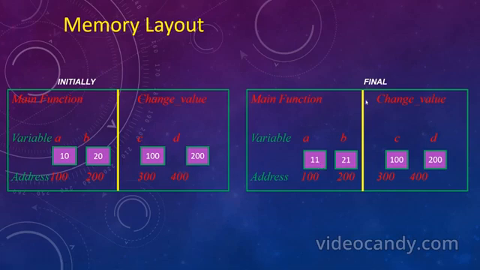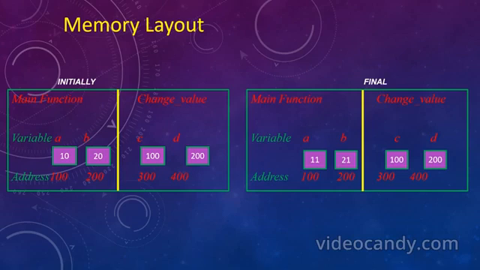Do you understand that? Here I am doing star c. c contains 100, so star of 100 means it is pointing to location a, and 11 will be stored here. Similarly, star d goes to address 200 and increments to 21 there. So this is how call by reference is used.